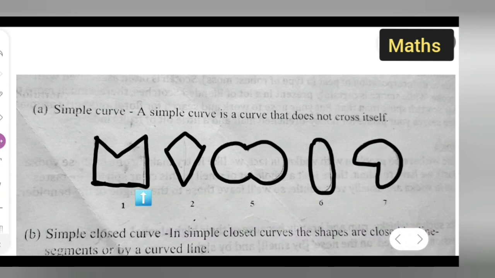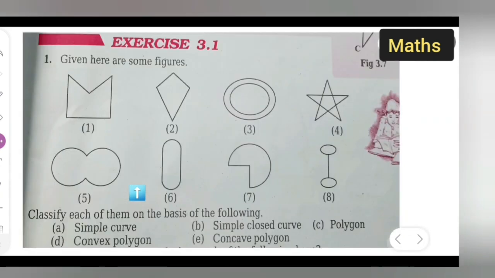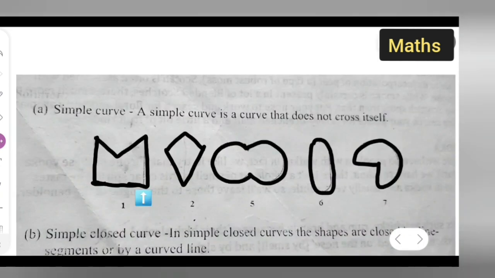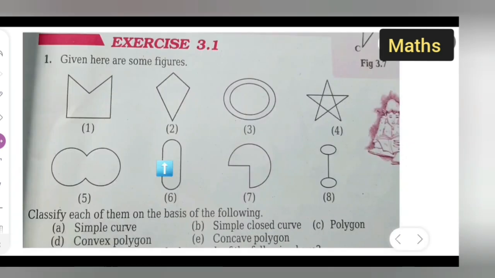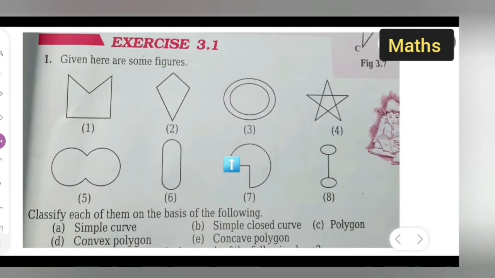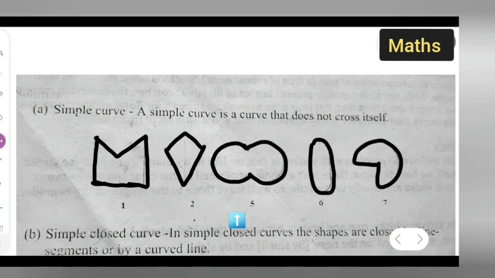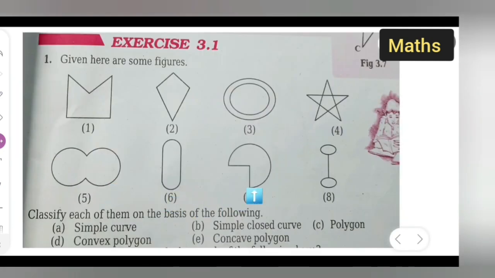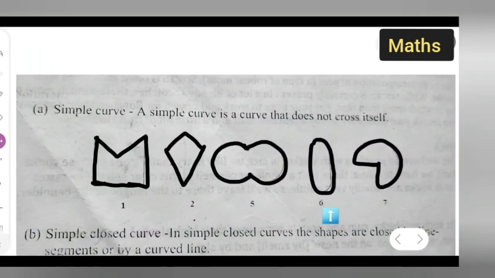The next one, figure 2, is a simple curve, right? It does not cross. Then figure 5, and next figures 6 and 7. These are coming under simple curve. Okay, so I can take down this.